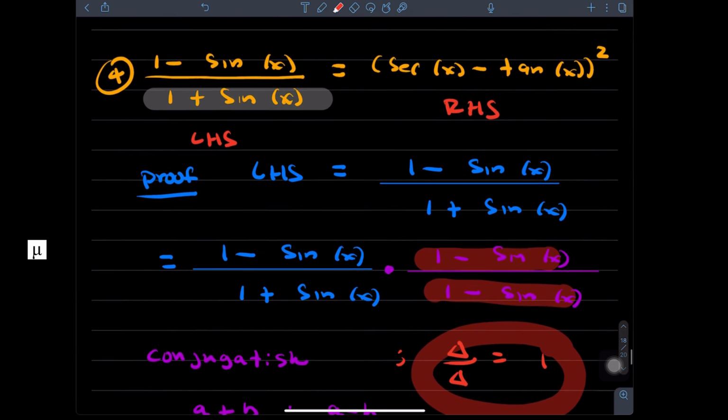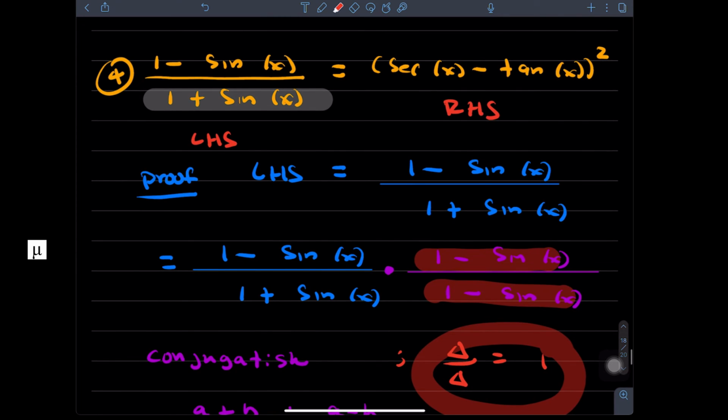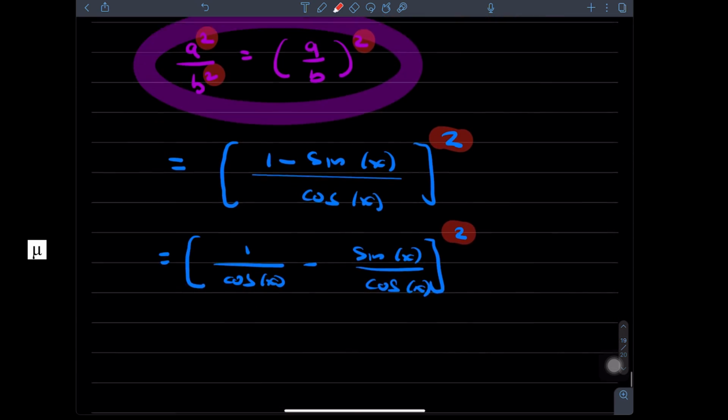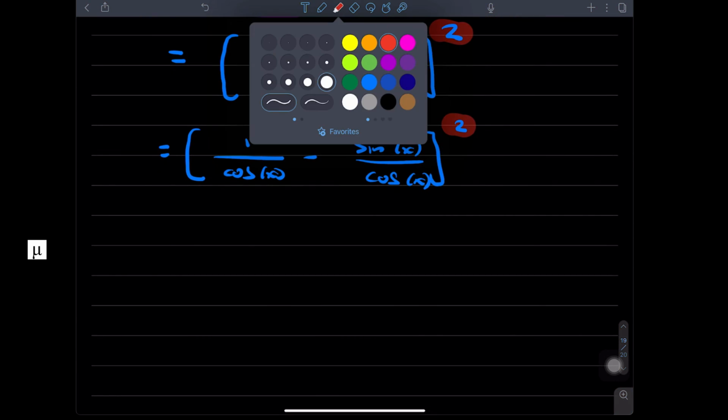So what do you have up here? Secant minus tangent. Is that true? On the right side? So what do you think this is? This would be secant minus tangent.